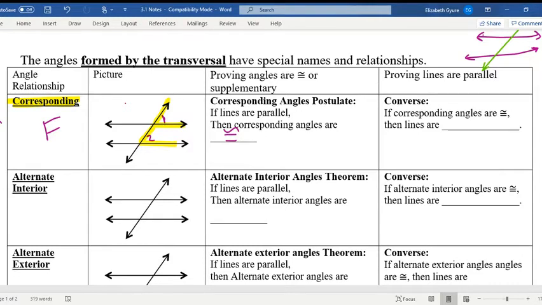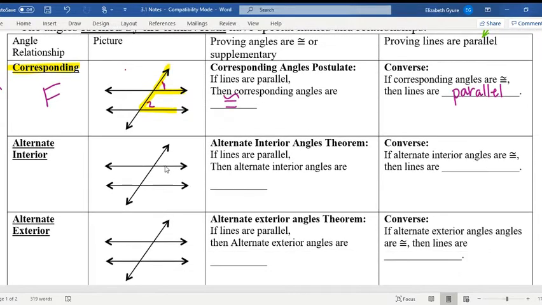You can also take this postulate and flip it around and look at its converse. If you have a situation like this where the corresponding angles are congruent, then that would mean the lines must be parallel. So if the lines are parallel, the angles are congruent. If the angles are congruent, the lines are parallel. And then most of them will kind of go in that kind of order.